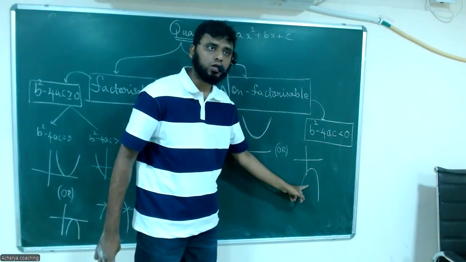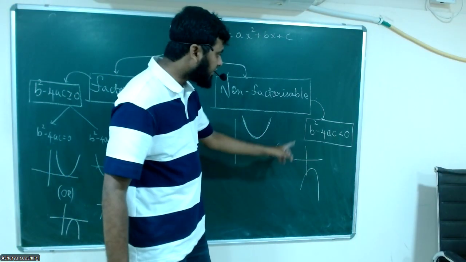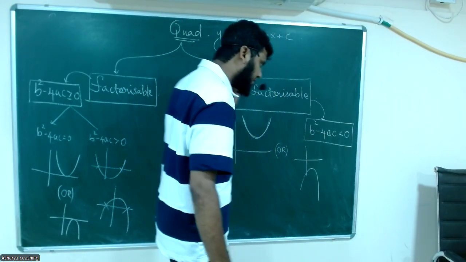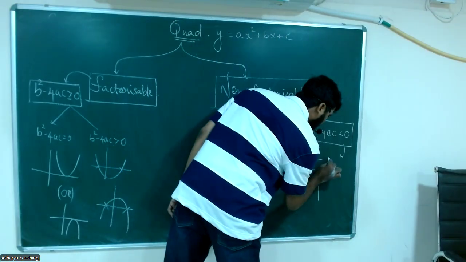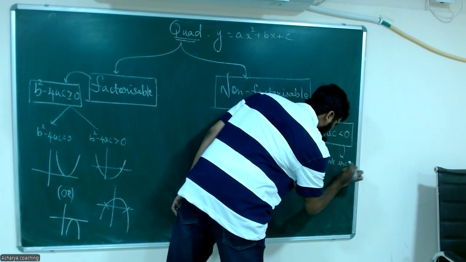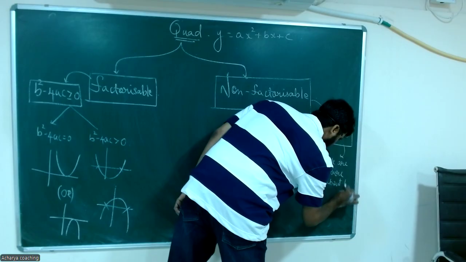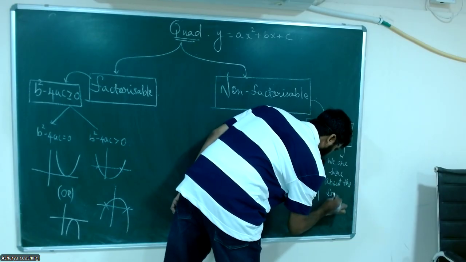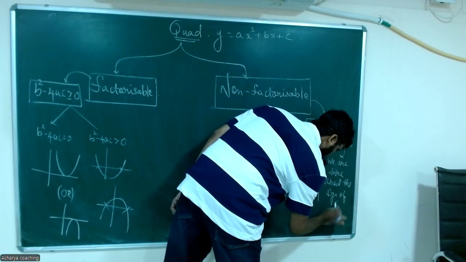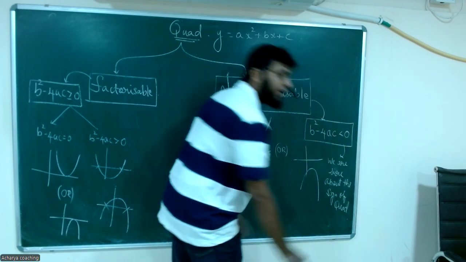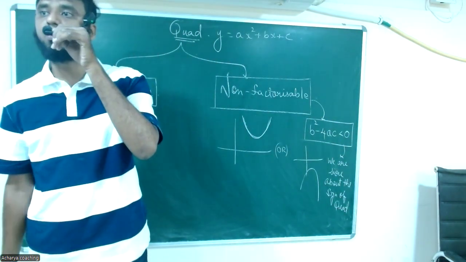Here is the y coordinate always negative or not? So whenever b square minus 4ac is less than 0, we are sure about the sign of the quadratic. Either it will be always positive or it will be always negative.